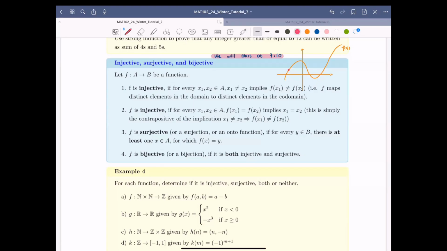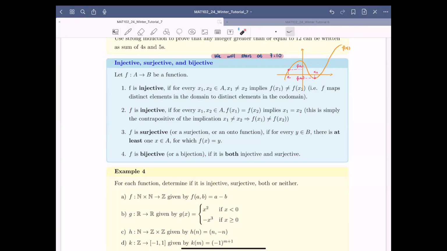For example, I pick this one and maybe this one. Let's say this is my x1 and this is my x2. They're saying, well, f of x1 does not equal f of x2, so this is f of x1, and this is f of x2, implies that they also don't equal, then it's an injective function.